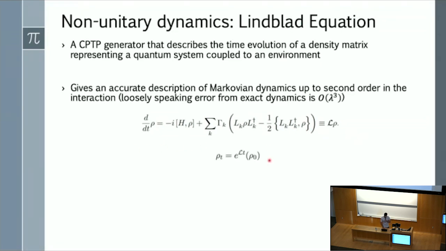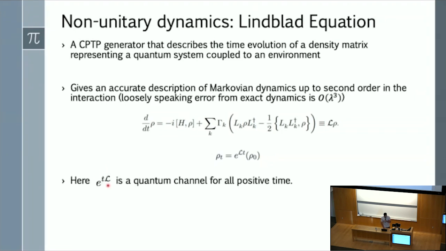And then this is solved similarly with an exponential, like in Hamiltonian evolution. However, here we're using this L as a super operator. If you haven't seen these things before, you can think of this as defined via its Taylor series, where if you have the square of a super operator that's a commutator, you're just applying that commutator twice.